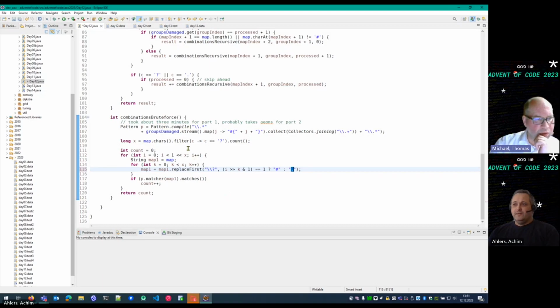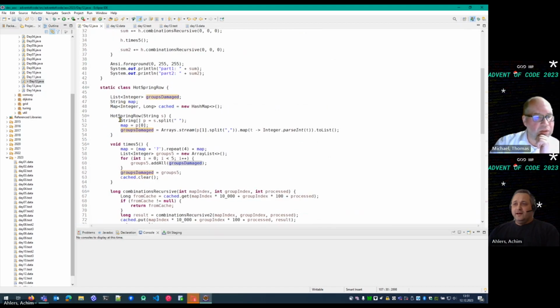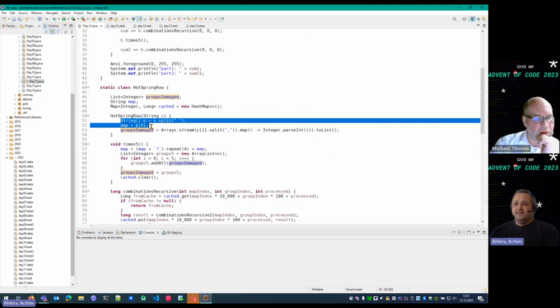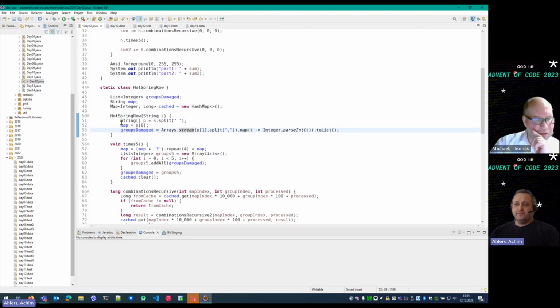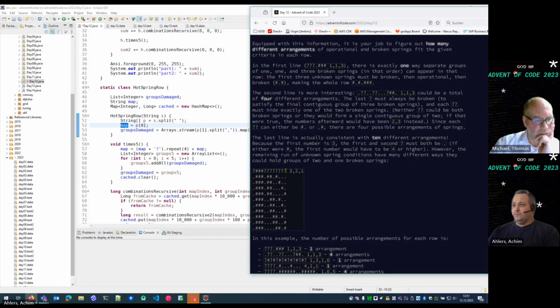What is the content of the groups damaged? That is just a list of integers. I have a part of the parser here in the constructor. So for every line, I create an instance of hot spring row. The front part is a string called map, which is just this string of question marks, hashes, and dots.